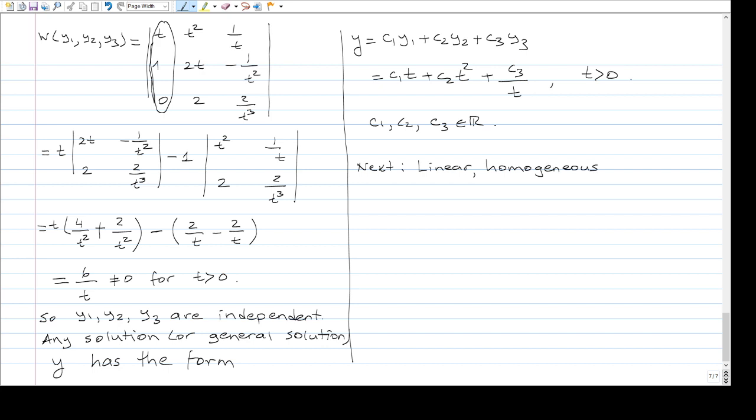And in order to obtain solutions, we need the coefficient functions to be constant coefficients. And we will see how to obtain solutions of such equations in the next video.